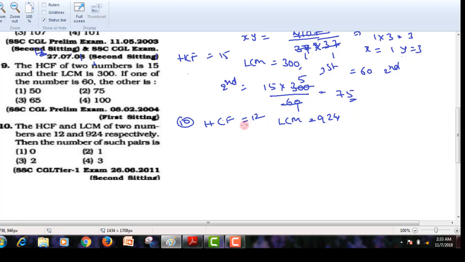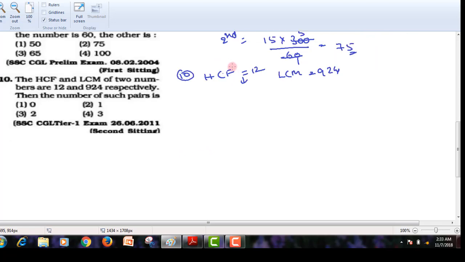As we discussed, if the HCF of two numbers is 12, then those two numbers must be multiples of 12. So I am supposing the first number as 12x and the second number as 12y. As per the formula, the product of these two numbers is equal to the product of their LCM and HCF. So x into y we get as 12 into 924 by 12 into 12.